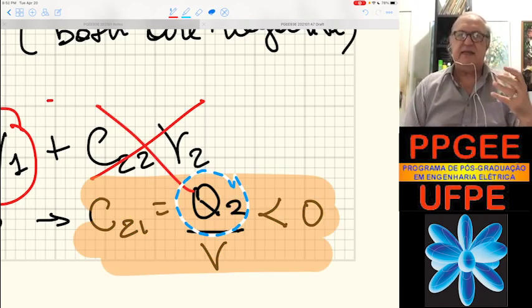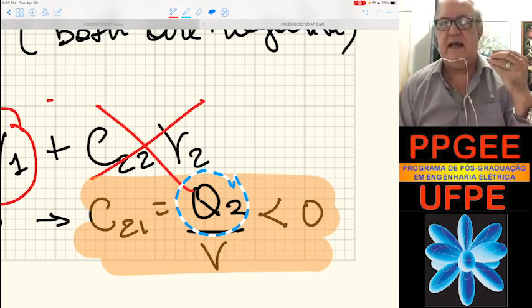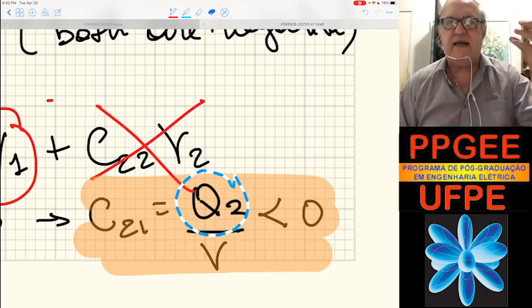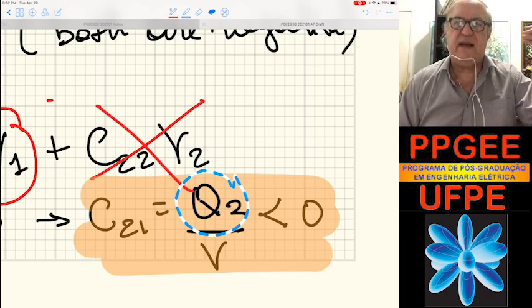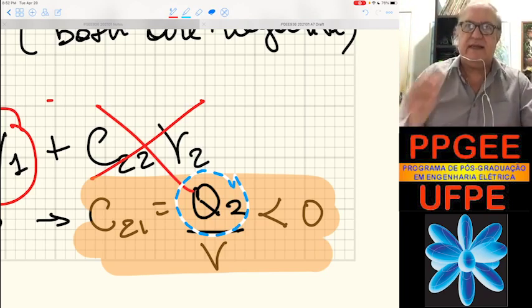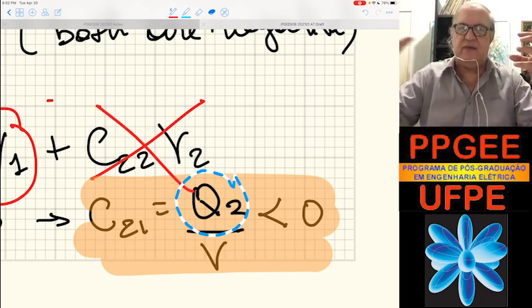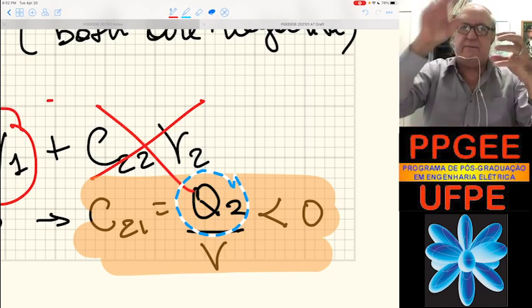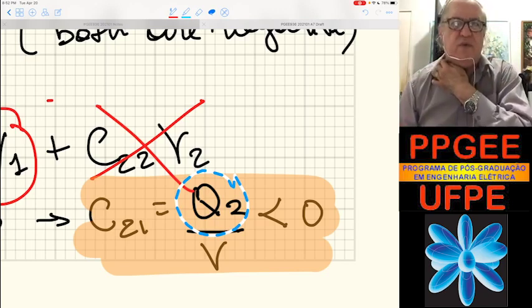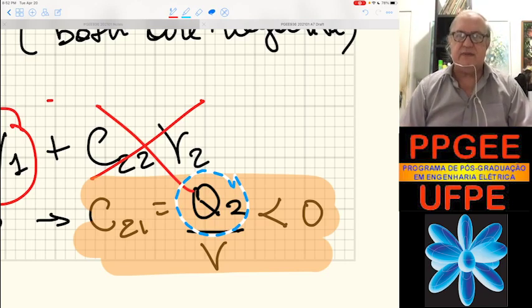This is the same as saying it is the amount of coupled field lines that come from electrode 1 that couple directly to electrode 2. So that portion is the amount of coulombs that is coupled between those two elements.